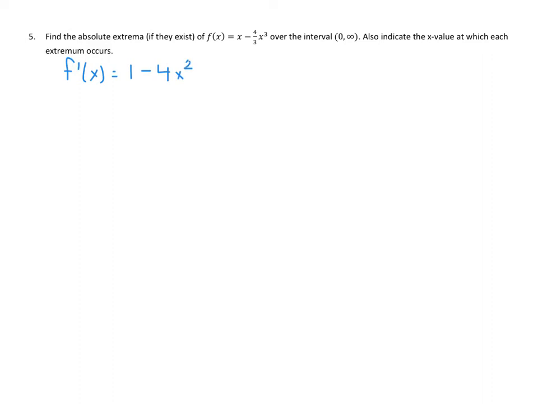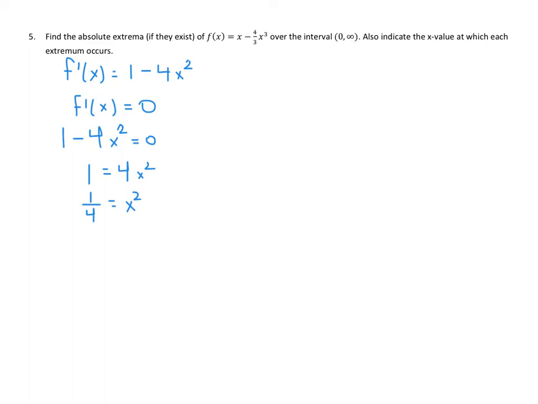Now setting this derivative equal to 0 to find our critical values, we're setting f prime of x equal to 0, so that's going to look like 1 minus 4x squared equal to 0. So adding 4x squared to both sides. Dividing both sides by 4, we have 1/4 equal to x squared.